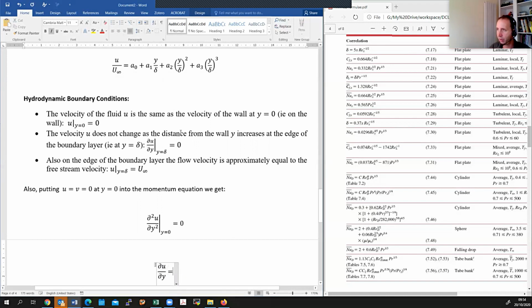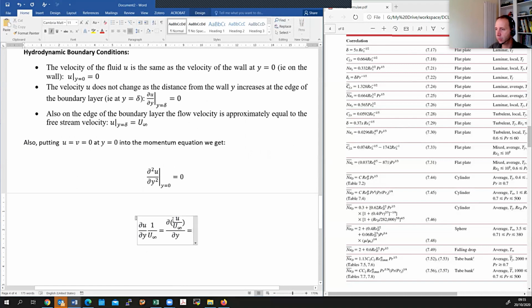Starting from the generic function here, du over dy, let's write, multiply by 1 over u infinite.